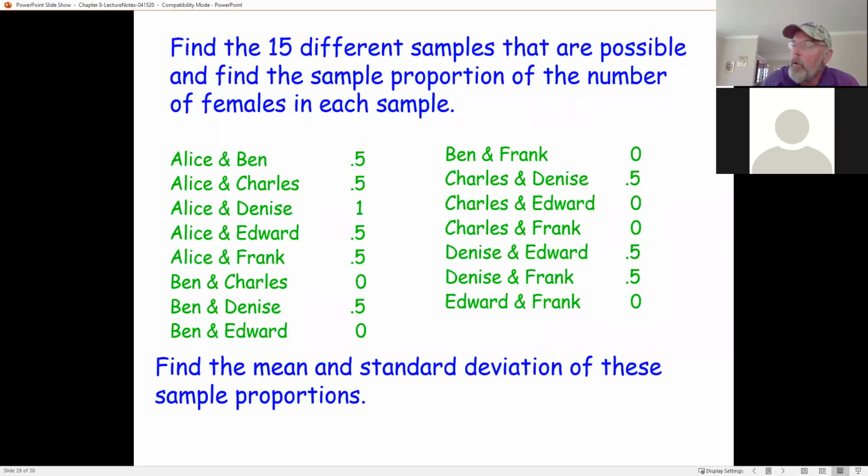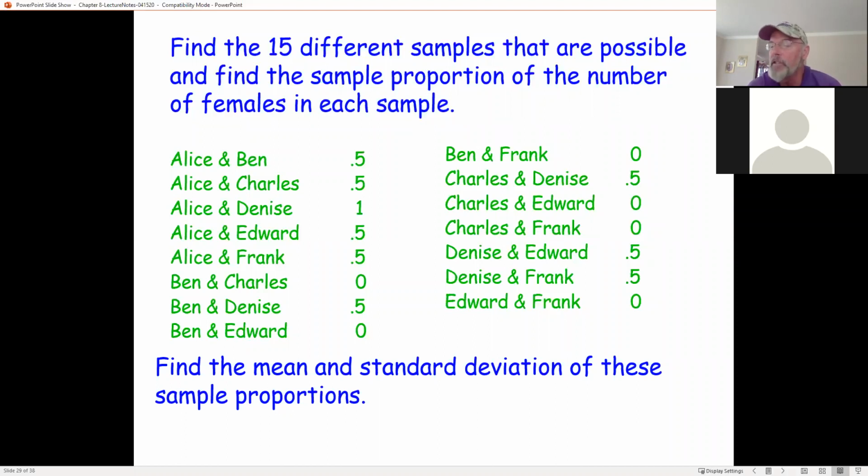And what we're hoping to do is find the mean and the standard deviation of these sample proportions. A week ago we were talking about sample means. Today we're talking about sample proportions.